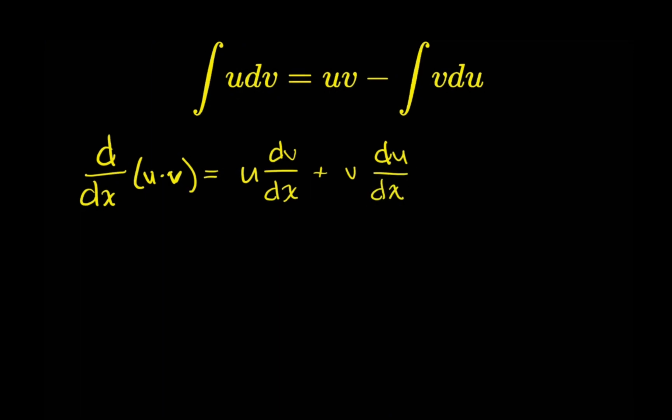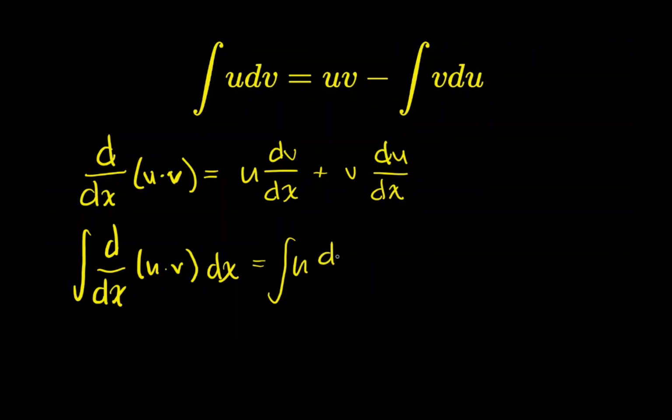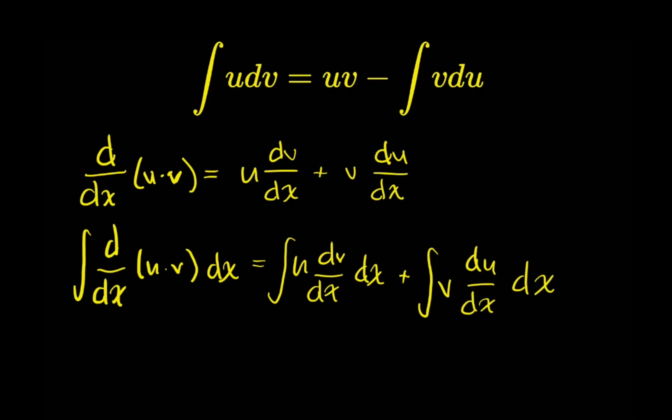Now, if we integrate both sides with respect to x, we get the integral of d over dx of u times v dx equals the integral of u dv over dx dx plus the integral of v du by dx dx.